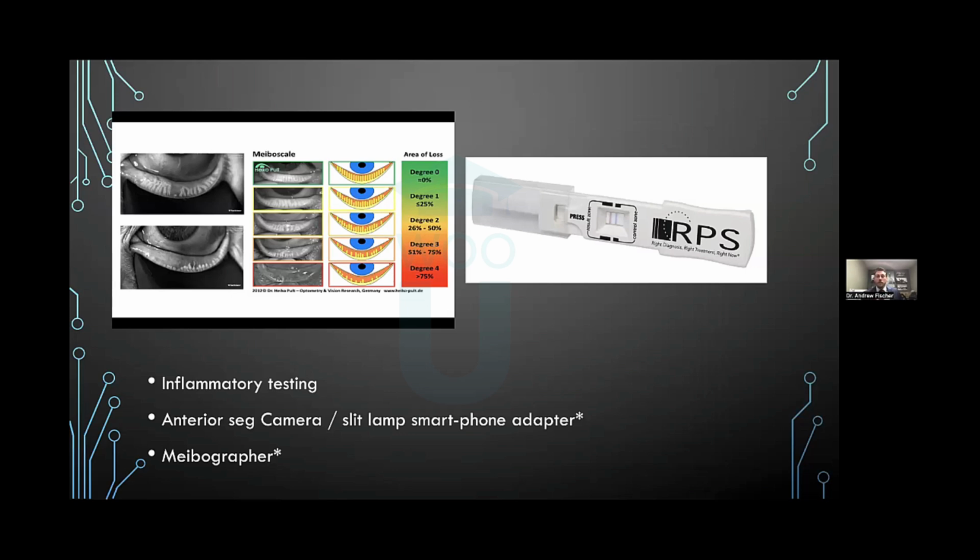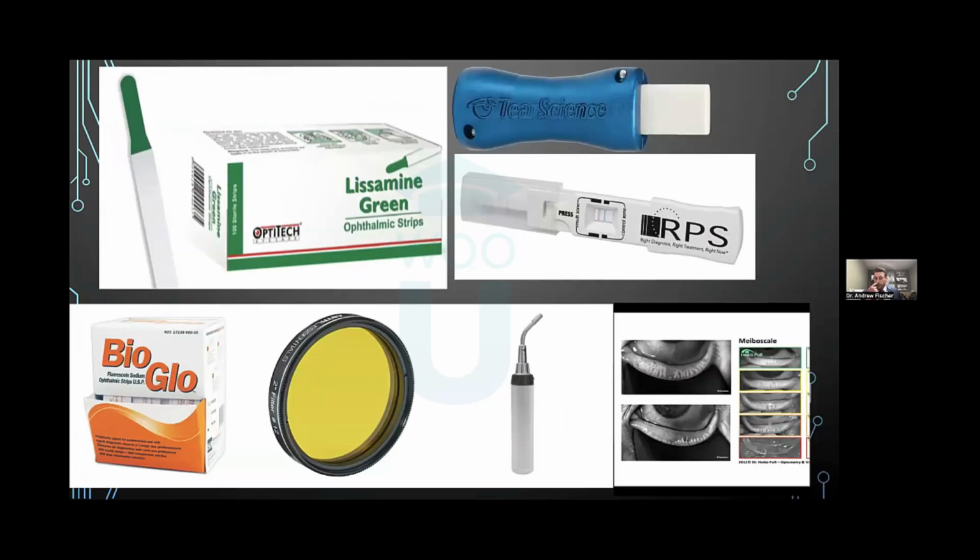So I am able to take a meibography at those appointments too, really just to look at what the gland structure itself looks like. So as a whole, these tools, most of which most of us will already have in our practice readily available, are truly the only things that you need to do a thorough dry eye evaluation and start integrating this into your practice.